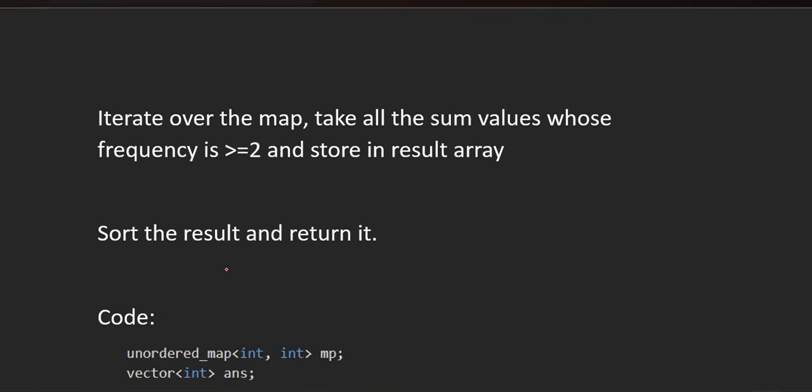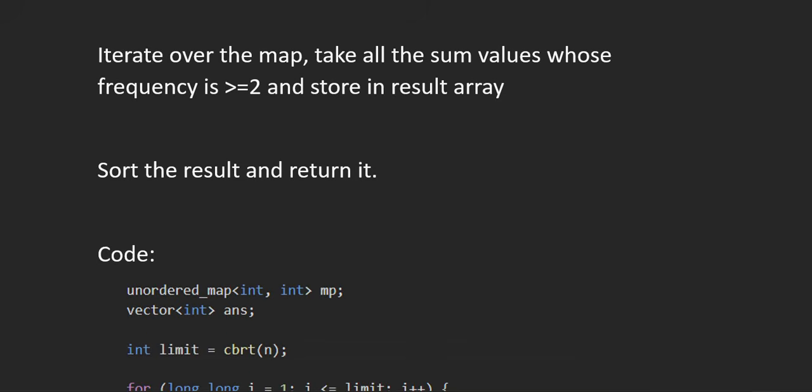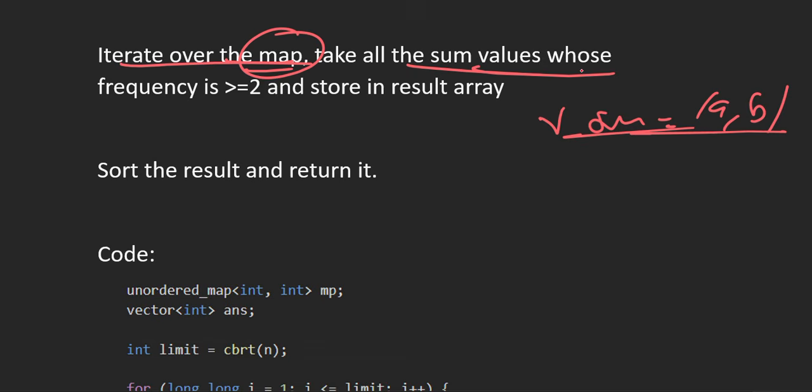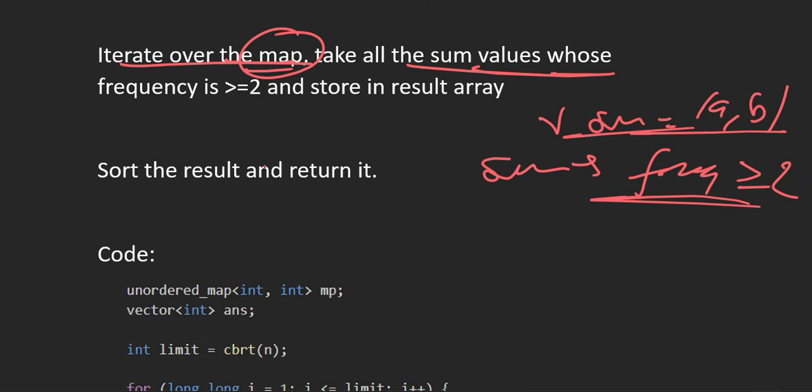After finding all the values of sum from all the pairs of a, b, we iterate over the hash map and take all the sum values whose frequency is greater than or equal to 2, because in the question we are asked to return all the sum values that have at least two possible pairs of a and b, right?